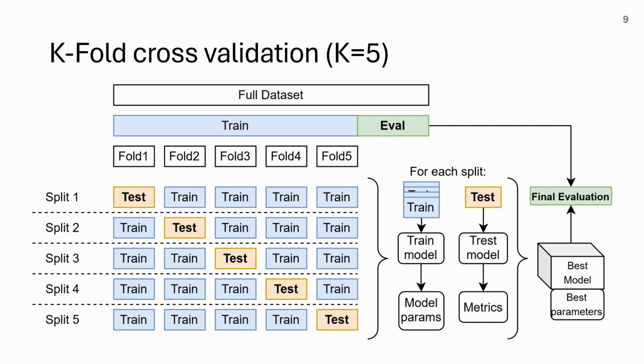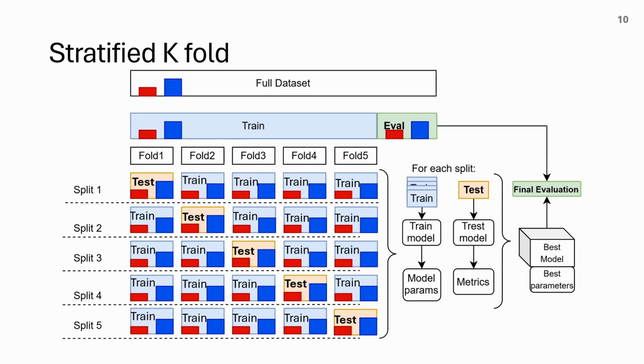We repeat this process 5 times so that each fold gets a turn as the validation set. In the end, we average the performance across all 5 runs. This approach helps us get a more reliable idea of how our model might perform on unseen data, compared to just one random train test split. That's the most basic and the most simple approach.